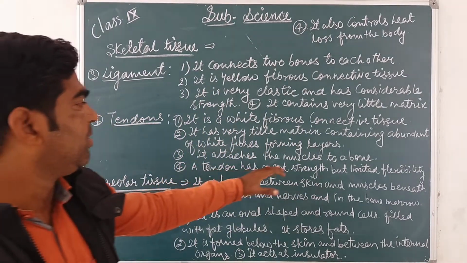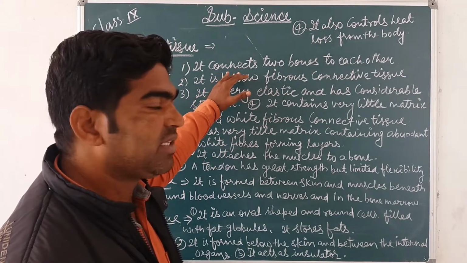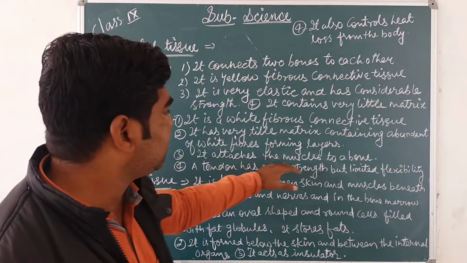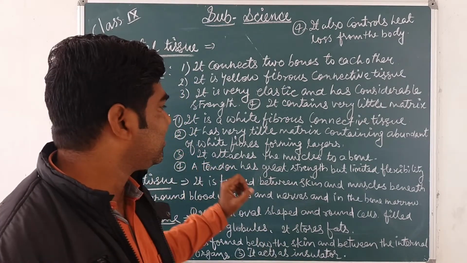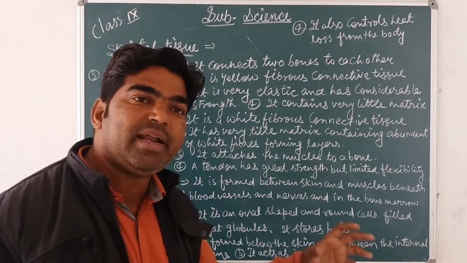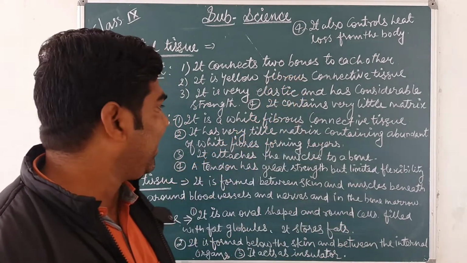It attaches the muscles to the bone. As I told you, two bones are connected with ligaments, but bones are connected with muscles by tendons. Tendons connect bone to muscle, but bone to bone is connected by the ligament.